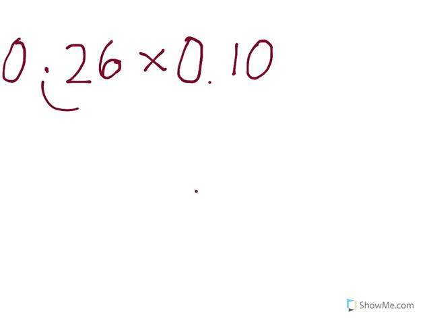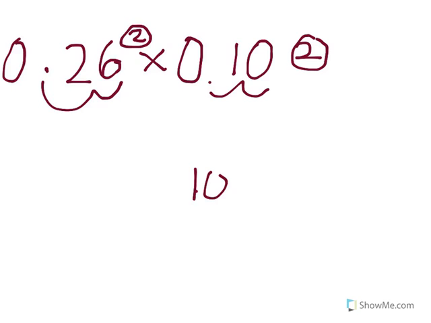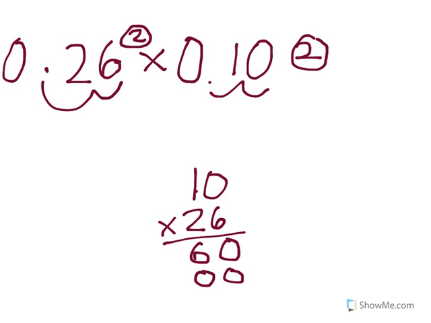Then you just move the decimal like before, put 2 up here, and 2 up here, and then you can just do 10 times 26. 0 times 6 is 0, 6 times 1 is 6, and then 2 times 0 is 0, and 2 times 1 is 2.